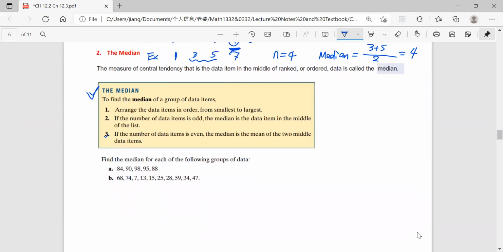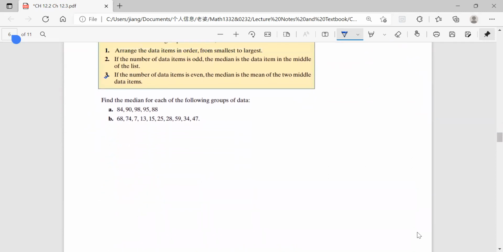Okay, let's see the examples. The first one, number 8. So number 8 is the data set. There are 1, 2, 3, 4, 5 data items. So for the 5 data items, the median is the number in the middle, but the first step, you must reorder it from the smallest to the largest.